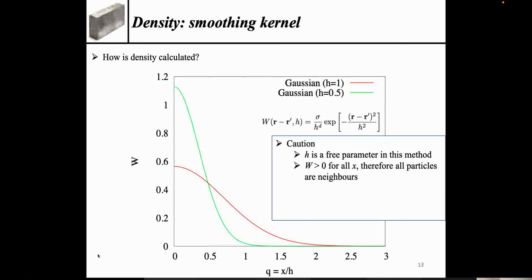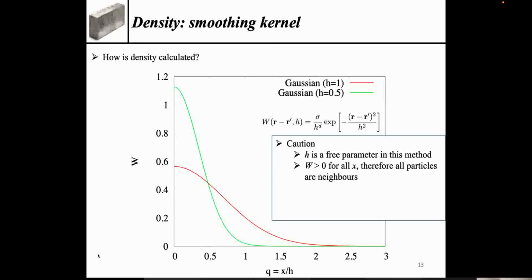And whenever you're doing numerical methods, the fewer free parameters you have, the better and the more robust it is. So having H a free parameter is not something we're overly comfortable with. The other catch is, for a Gaussian, W is always non-zero. That means no matter how far away a particle is from you, it will have some non-zero contribution to your characteristics.